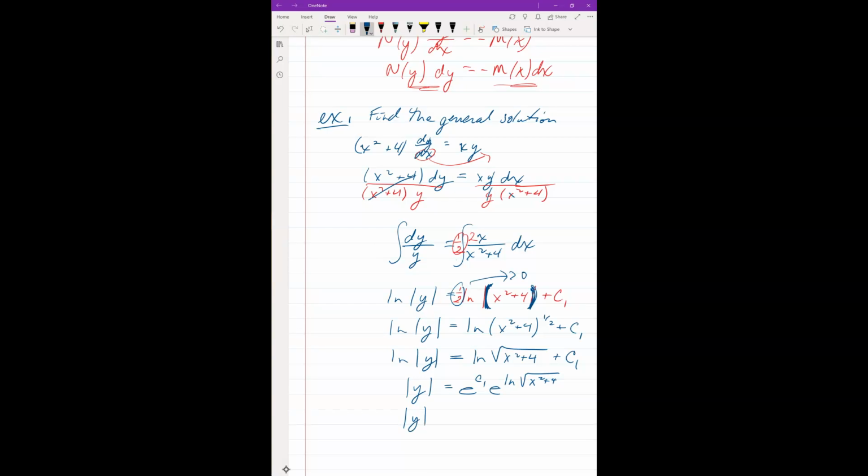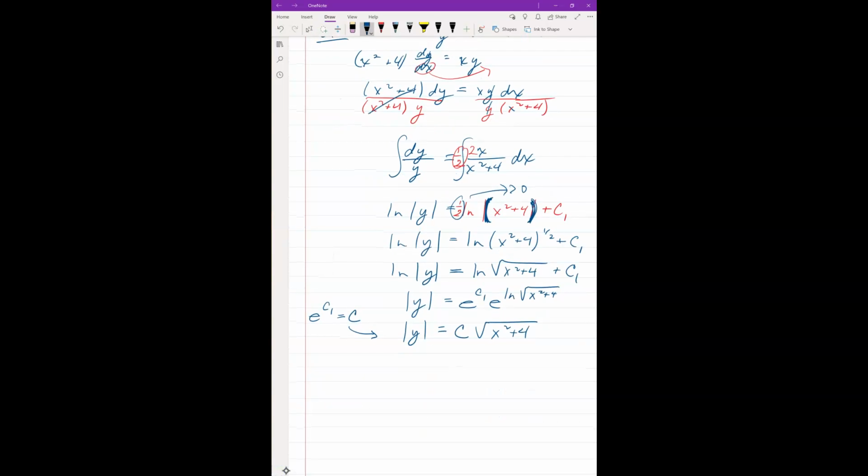So now we have the absolute value of y, and e to the C1, we're just going to call that c. It's our constant. So e to the C1 is c. And then we've got the square root of x squared plus 4 right there.